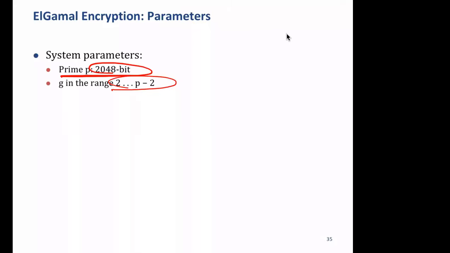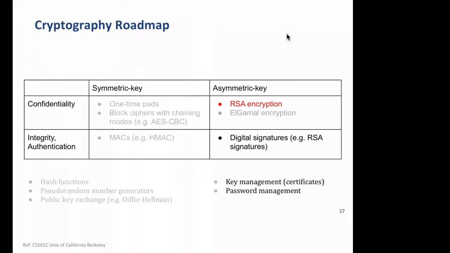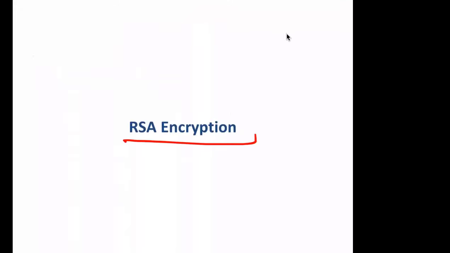All right, so let's look at another algorithm, again very briefly, but it uses different arithmetic. This is called RSA. Note that these three people were very famous scientists, I think from MIT or somewhere.